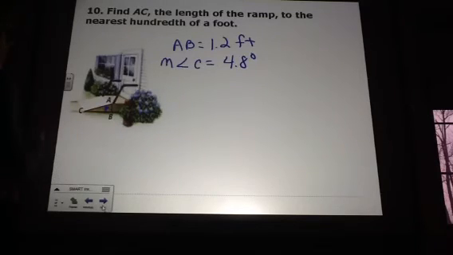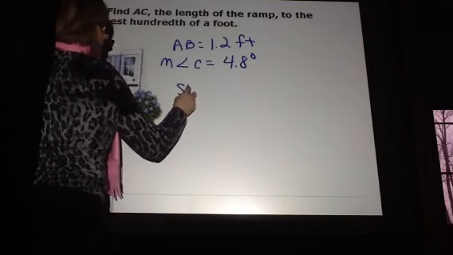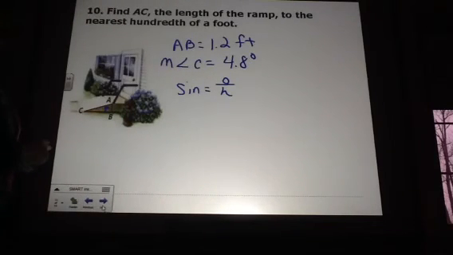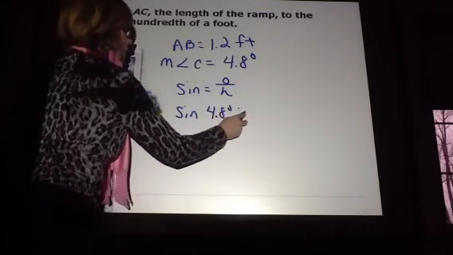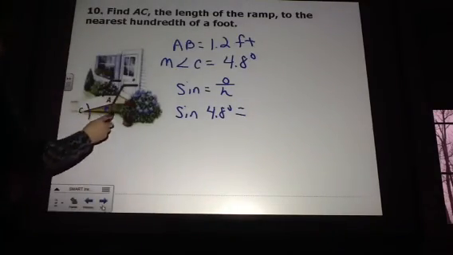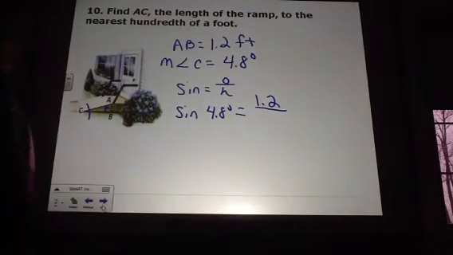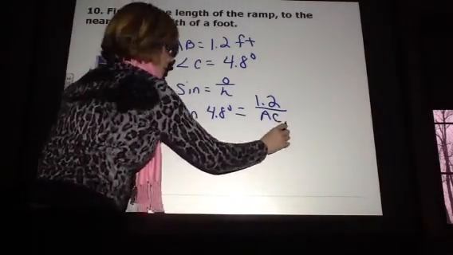Okay. So what we have here is a perpendicular line. So right here, off a little bit, is a right angle. So what I can do is I can use the sine, which is opposite over hypotenuse. Okay. So the sine of angle C, sine of 4.8 degrees, equals opposite, which is AB, over hypotenuse, which is what we're trying to solve for, AC.